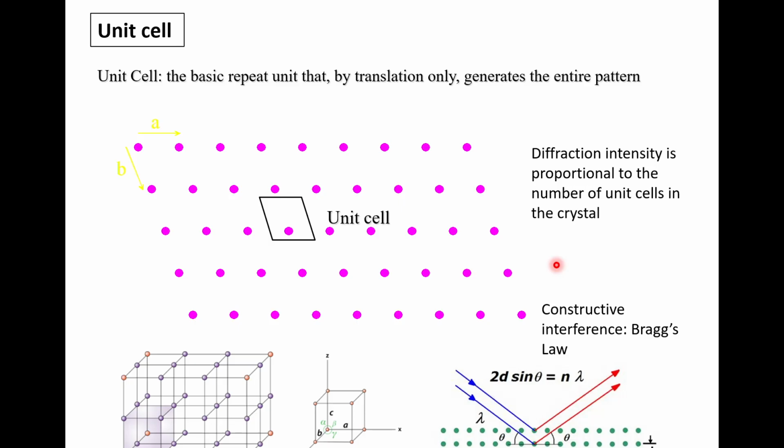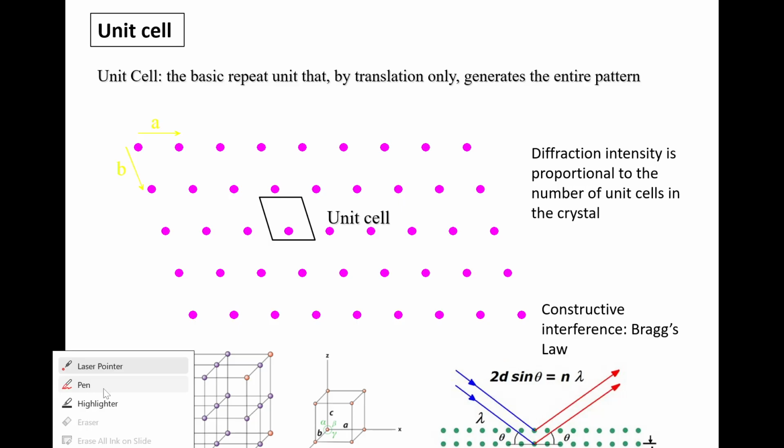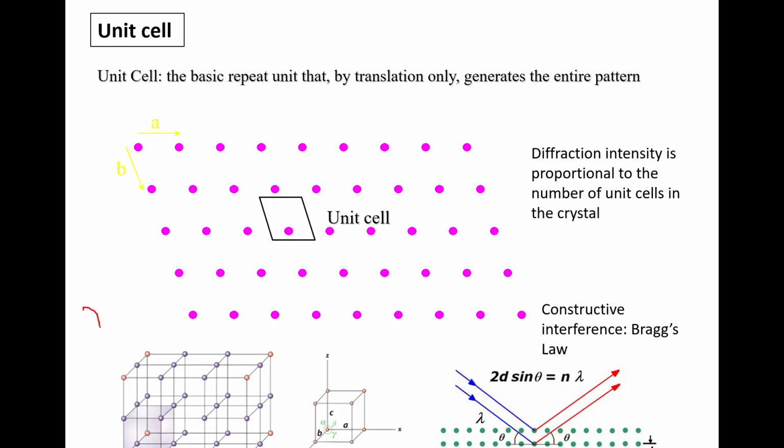So this interference can be constructive, meaning both are crests. How does a wave look like? A wave looks like this, right? This is your crest, and this is your trough. So if two waves are like this, this is wave number 1, and this is wave number 2.